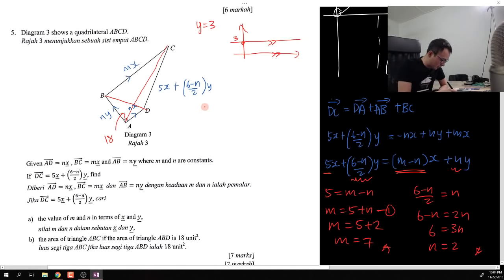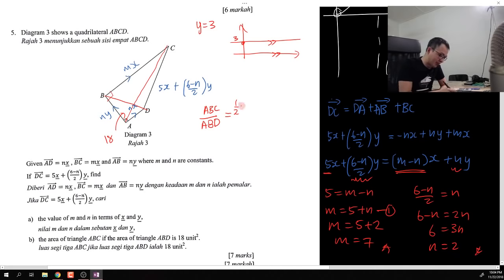So they want triangle ABC over triangle ABD. How to find triangle ABC? Because I know this is 90 degrees, it's nice. So I can say it's half, 1 over 2, and n is 2, right?